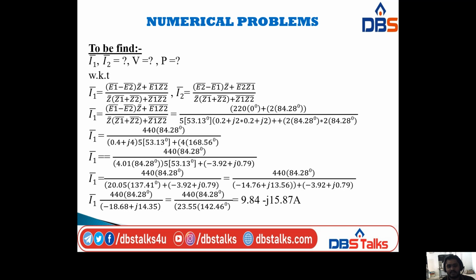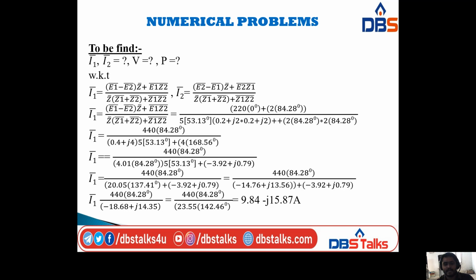After converting this 4 at an angle of 168.56 degrees into rectangular form, that is minus 3.92 plus J0.79, and after converting this one we have the polar form of 20.05 at an angle of 137.41. After converting this 20.05 at an angle of 137.41 into rectangular form, we have minus 14.76 plus J13.56.